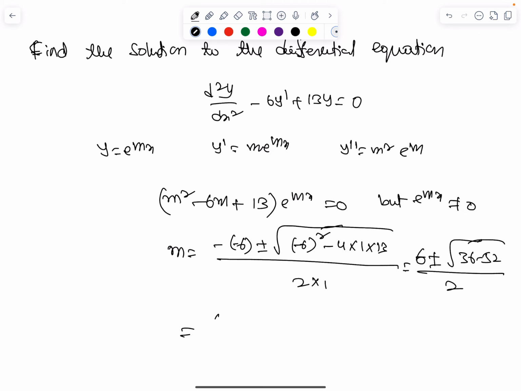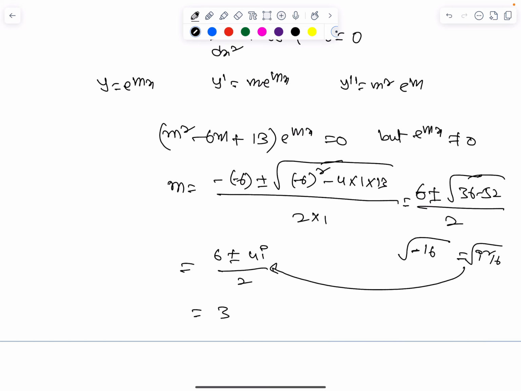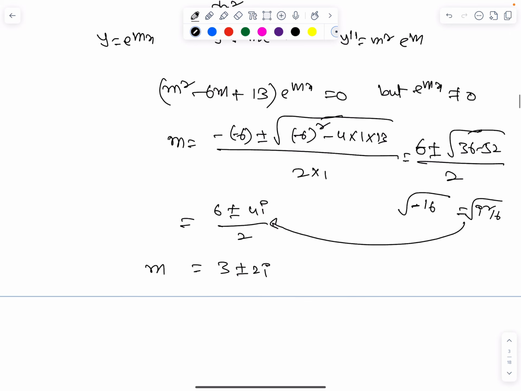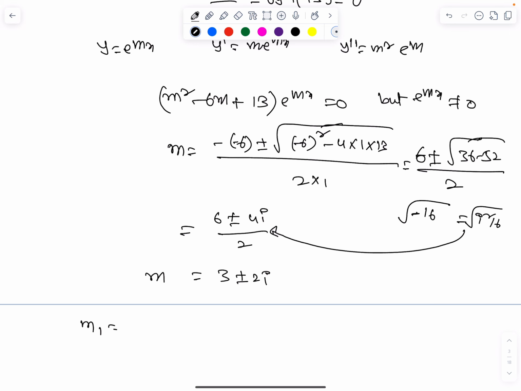That is 6 plus or minus 4i actually, because minus 16 is i square times 16, divided by 2. This is equal to 3 plus or minus 2i. Therefore m1 is equal to 3 plus 2i, m2 is equal to 3 minus 2i.